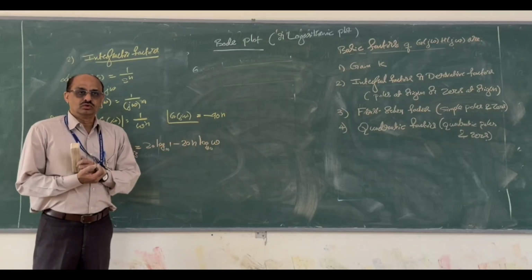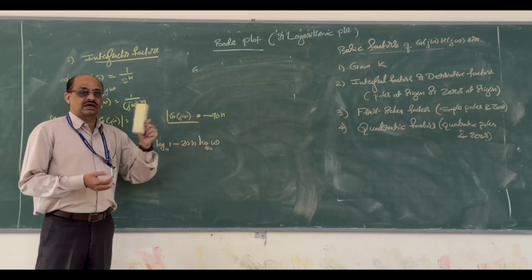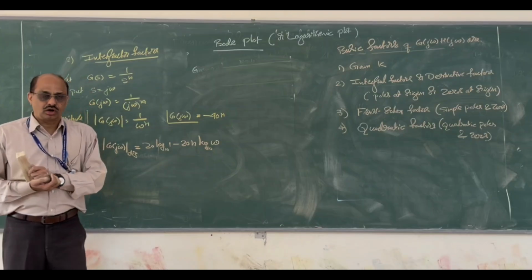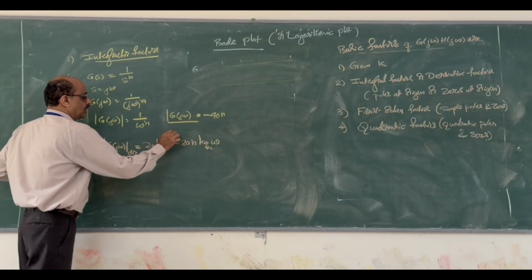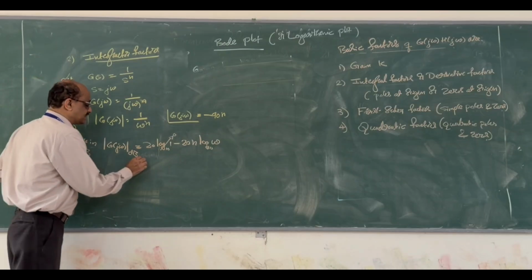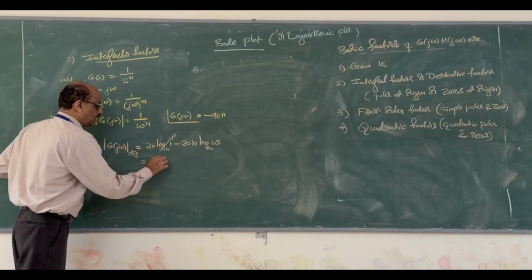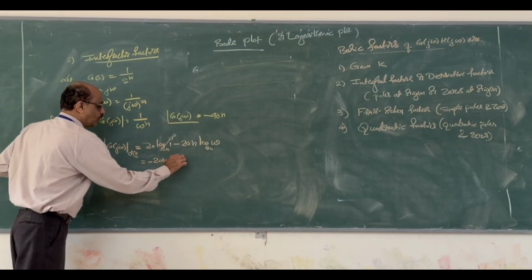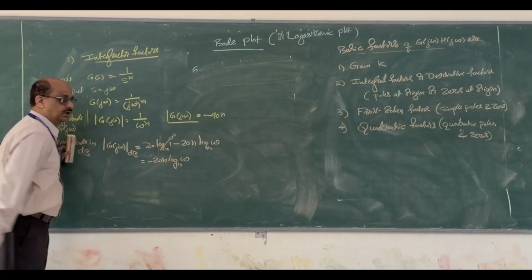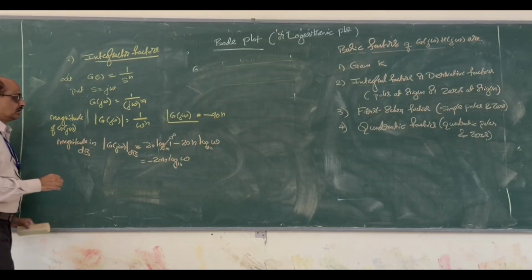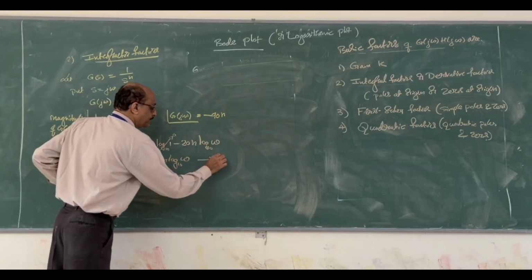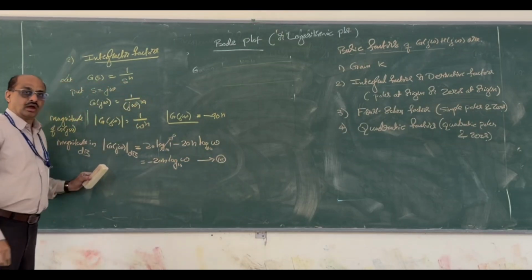By the power rule of logs, it can be written as 20 log 1 minus 20n log omega. Log 1 is 0, so it is simply minus 20n log omega base 10. I call this equation 10.